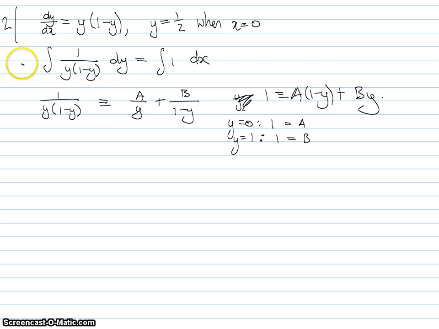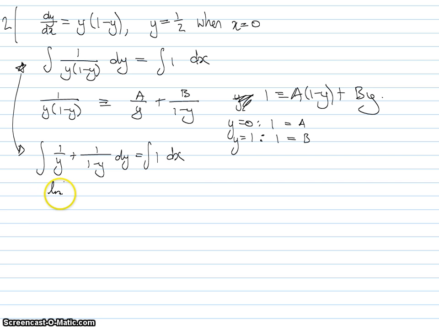So this expression here is actually going to be the same thing as the integral of 1 over y plus 1 over (1 − y) dy equals the integral of 1 dx. Okay, so what next? Well, now we know how to integrate both of these.